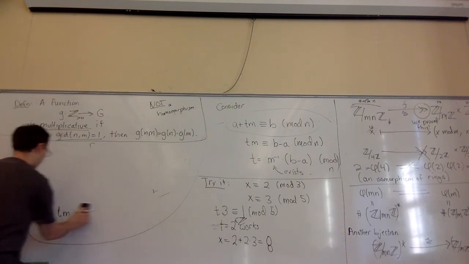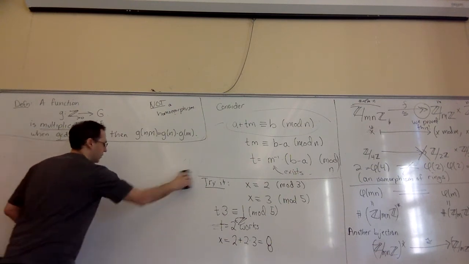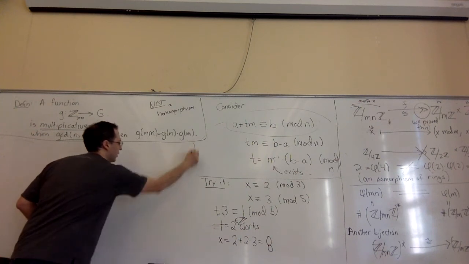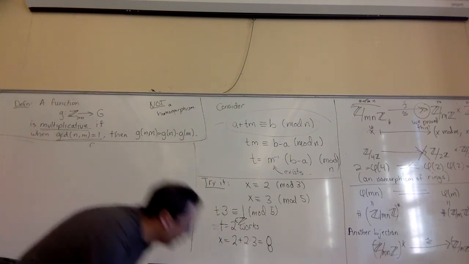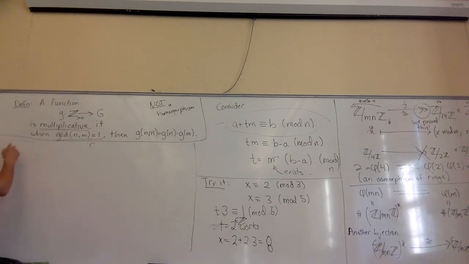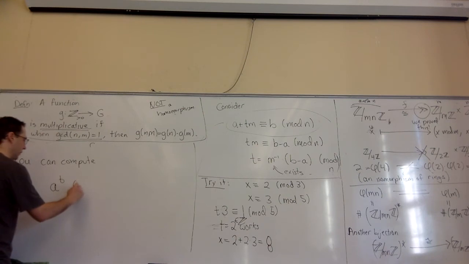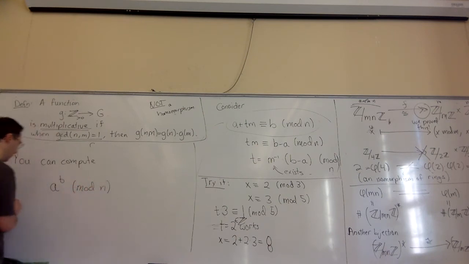And one of them is kind of surprising: you can compute a to the power of b modulo n quickly, even if a, b, and n all have 100 digits.